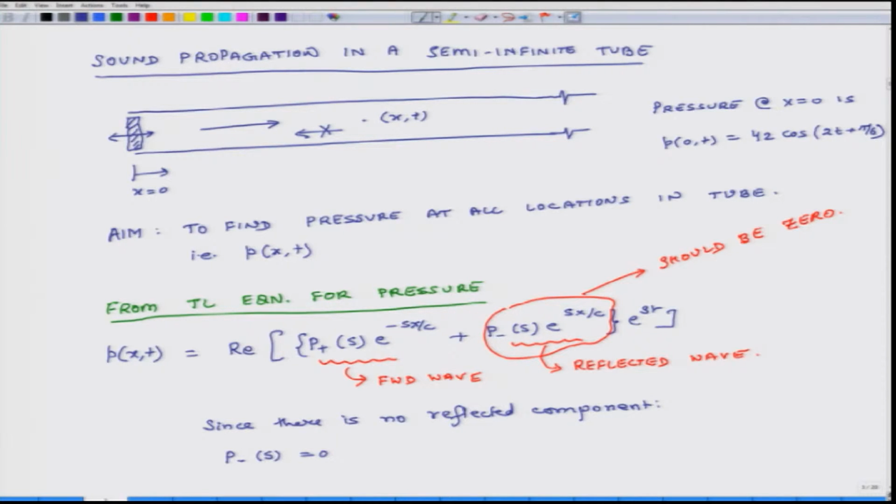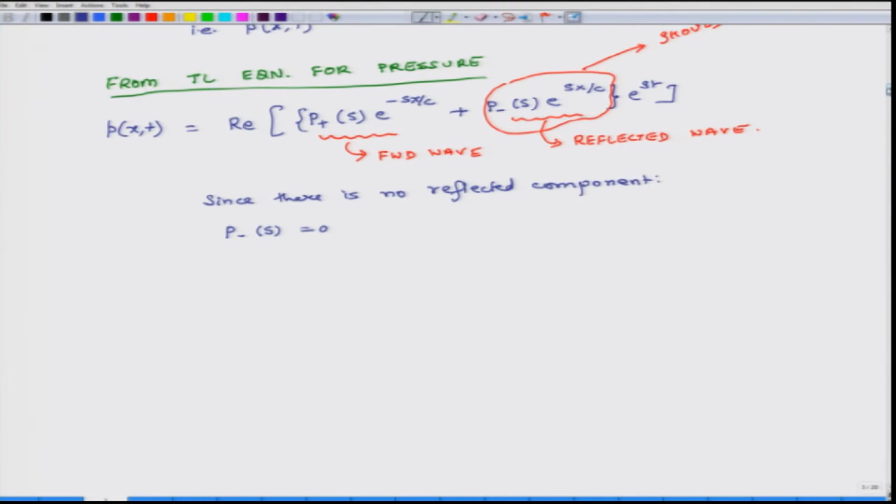So, this is the first thing we get from the physics of the situation, that P minus of s is 0. Now we move forward. Thus, P of x and t equals real of P plus of s e to the power of minus s x over c, e to the power of s t.